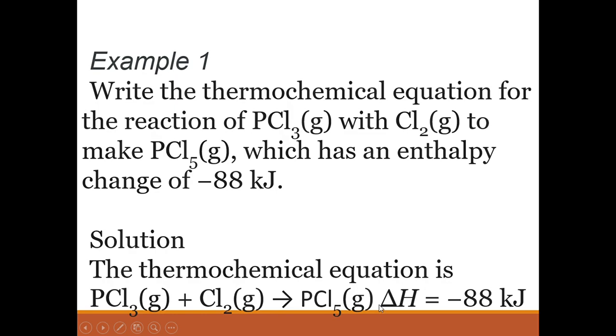Then write the delta H, which is equal to negative 88 kilojoules. So this is how to write a thermochemical equation when we are using the enthalpy change.